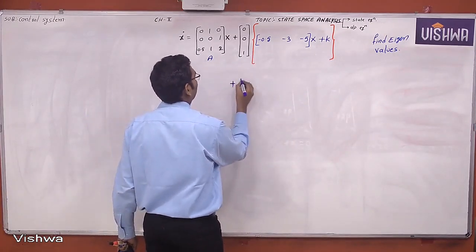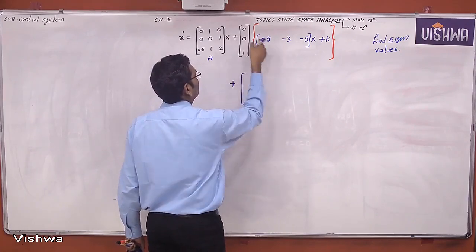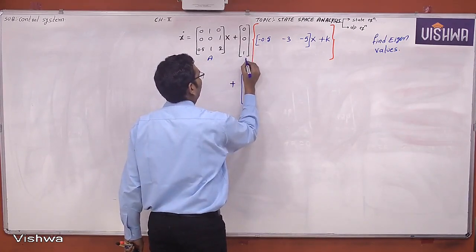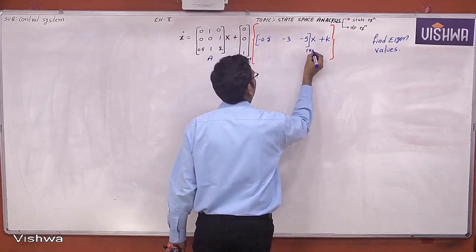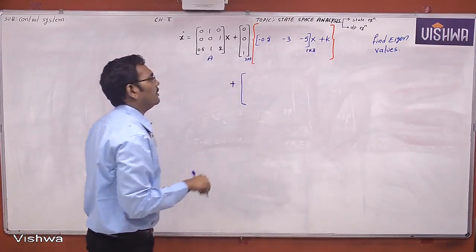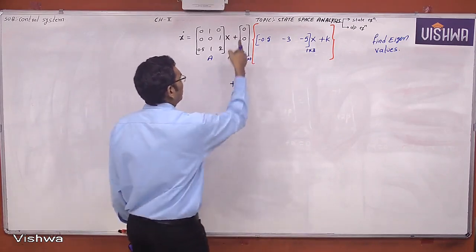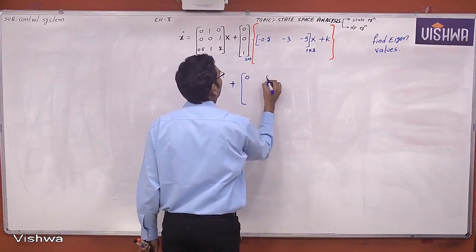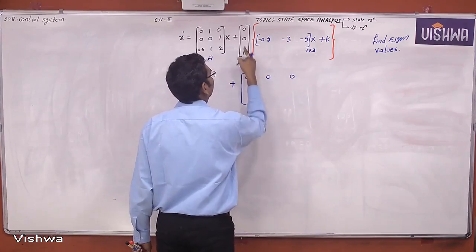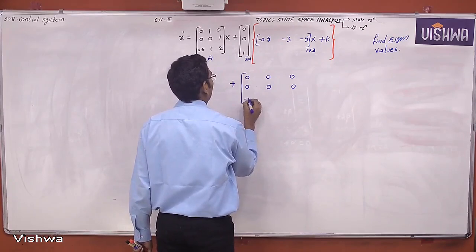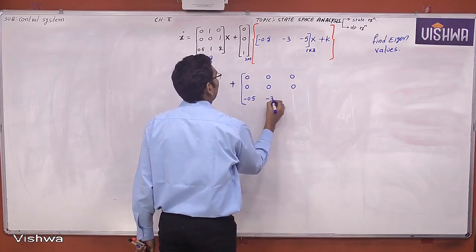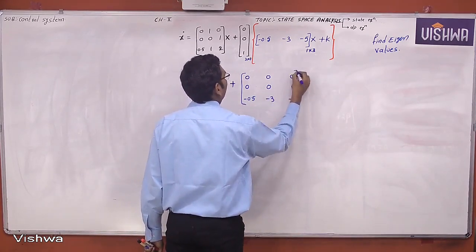This is 3 by 1, this is 1 by 3, so multiplication is possible, and the answer is a 3 by 3 matrix. 0 into 0, 0, 0, 0, 0, 0, minus 0.5, minus 3, minus 5 into x.